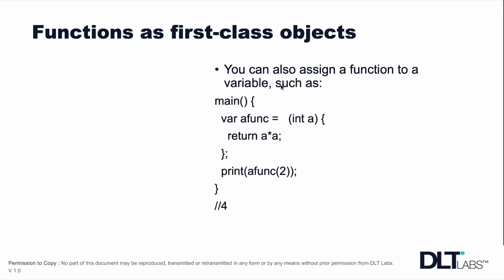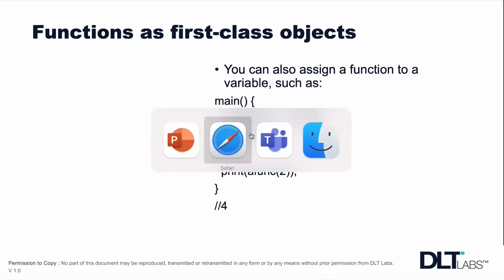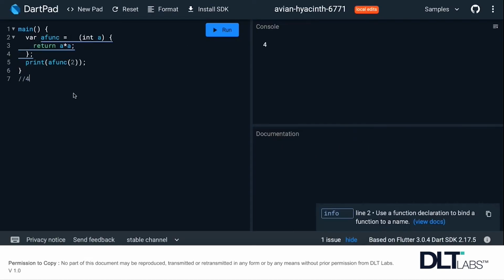Functions as first-class objects. You can also assign a function to a variable, such as, here is the example. I have already set up the example here. So we are creating a function variable. This is a variable which is referring to this function. This function has a return type of integer. The parameter name is a.